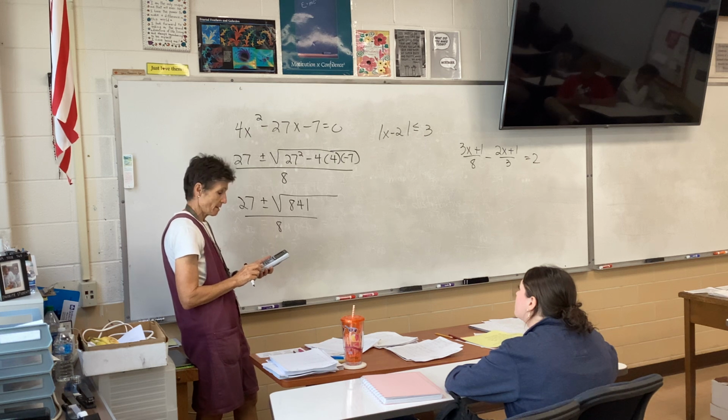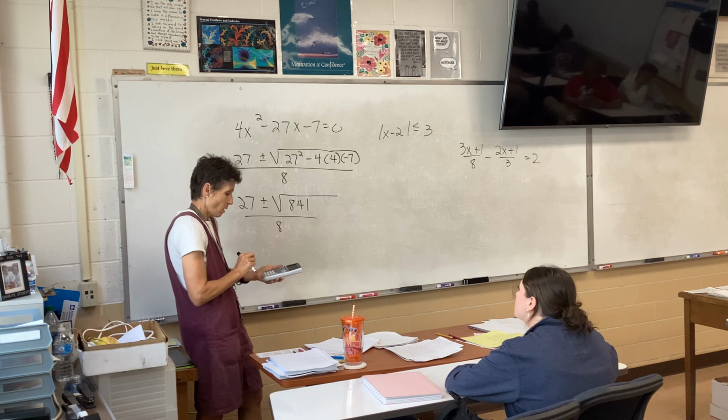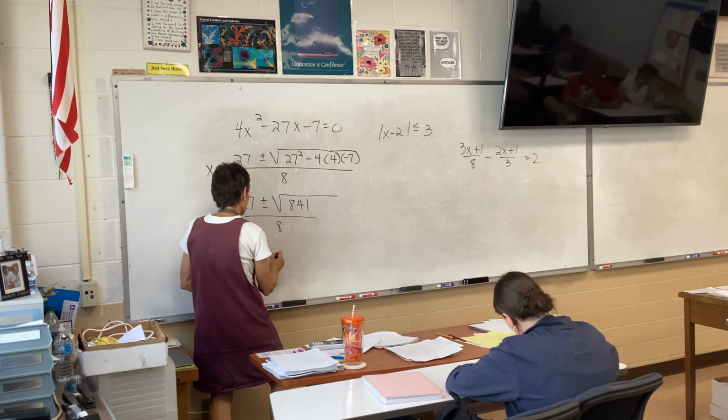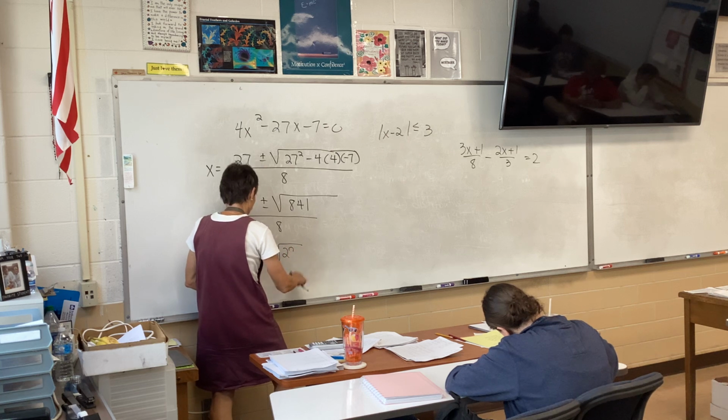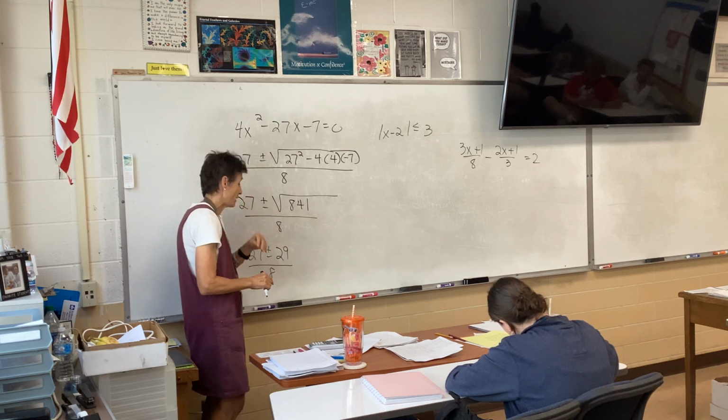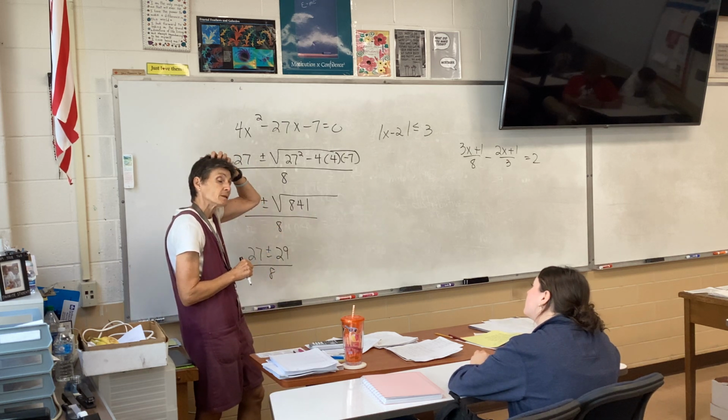Now I'm just going to try something. Take the square root of 841. Whoa, it's 29. So 27 plus or minus 29 over 8. The square root of 841 is 29.